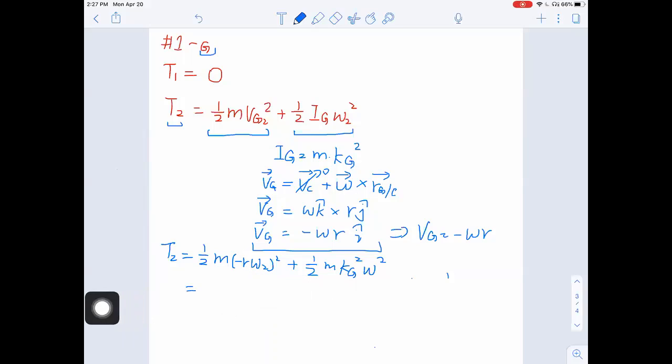So we get the expression for T2, that is 1/2 times m times (1 plus kg squared over r squared) Vg squared.